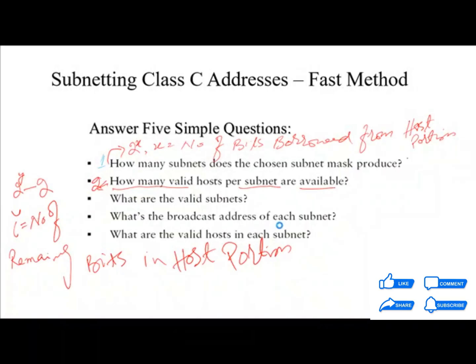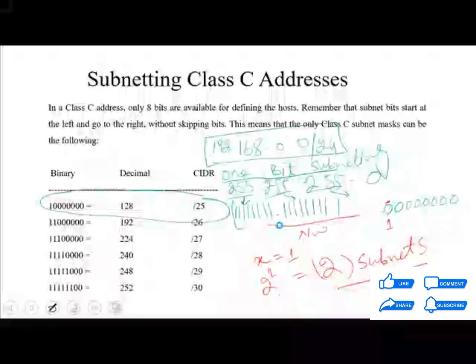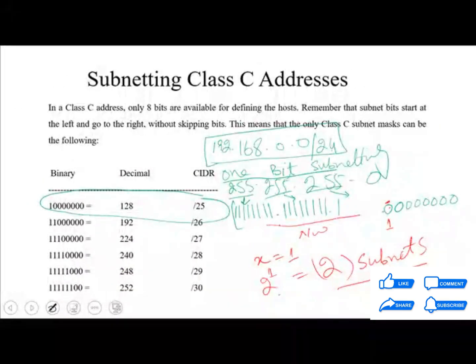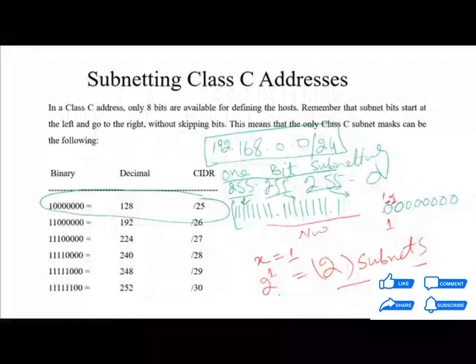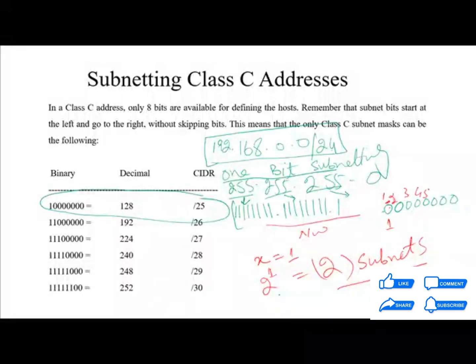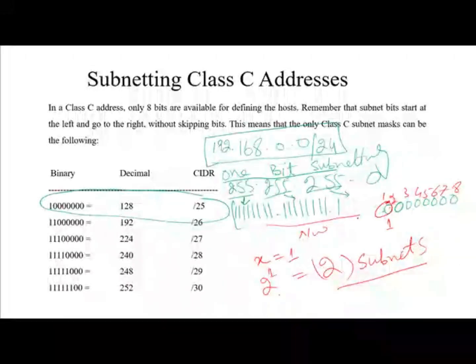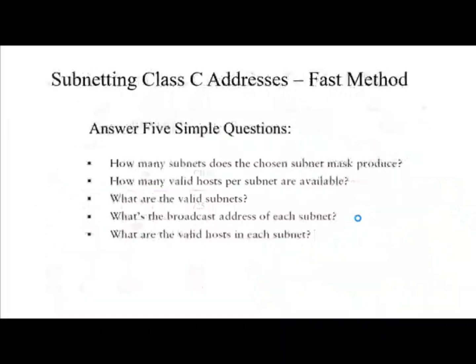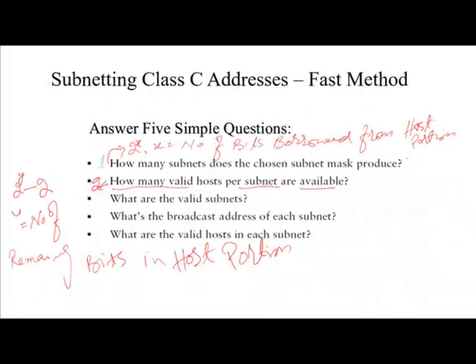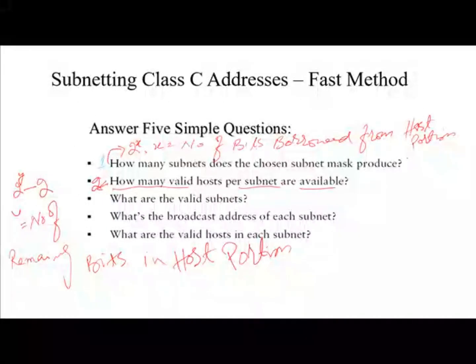So move back again here. How many bits are left if we borrow 1 bit from the 8? Let's say this is bit 1, this is bit 2, this is 3, this is 4, this is 5, this is 6, this is 7, and this is 8. So we borrow this 1 bit. How many are left in the host portion now? 7. So now we will put that value into the y.